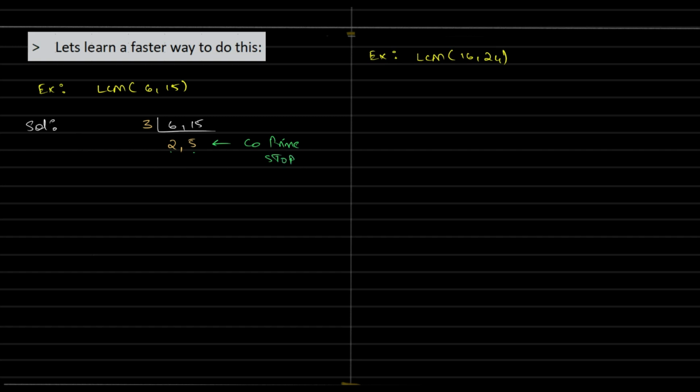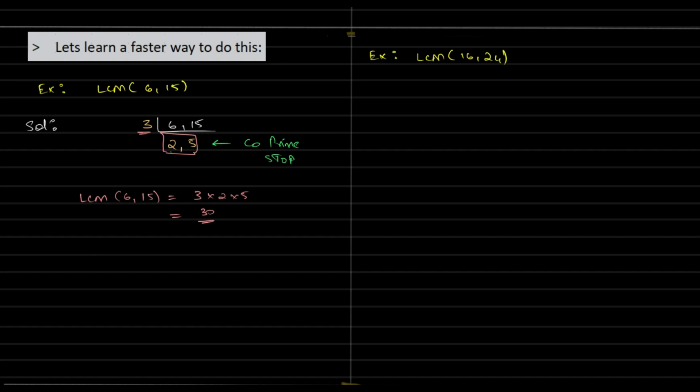And post that, you just have to write LCM to be the product of not just 3 but also the ones at the end. So 3 into 2 into 5. So we have 10, 30. So 30 is your LCM.